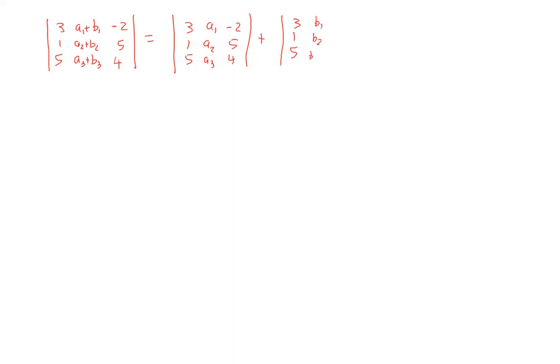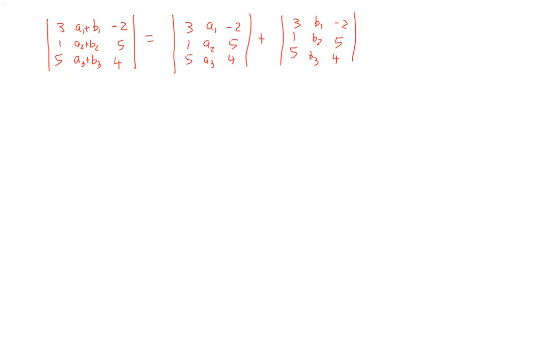The middle column is the sum of two columns: A1 plus B1, A2 plus B2, A3 plus B3. Then this will be the determinant with 3, 1, 5, A1, A2, A3, negative 2, 5, 4, plus the determinant with 3, 1, 5, B1, B2, B3, negative 2, 5, 4. So you can always distribute the determinant with respect to any single row or column.